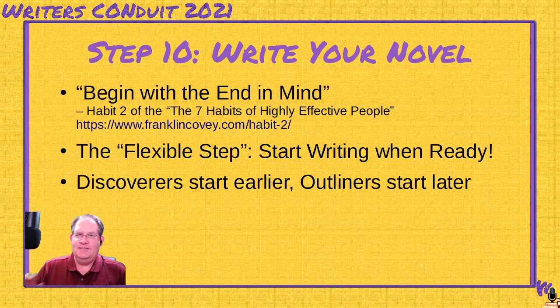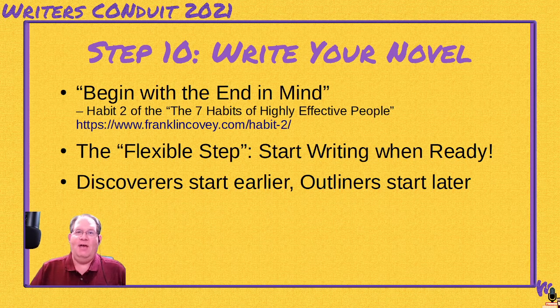Now, this is not a typo, all right? I'm starting with step 10, write your novel. It is really important to remember that the objective of the Snowflake method is to have a full book draft at the end of this process. For those of you who consider yourselves discovery writers or pantsers, you can start step 10 at any point in this process.